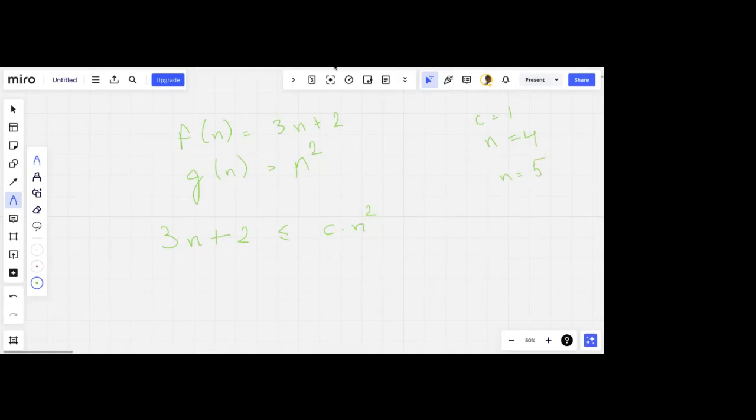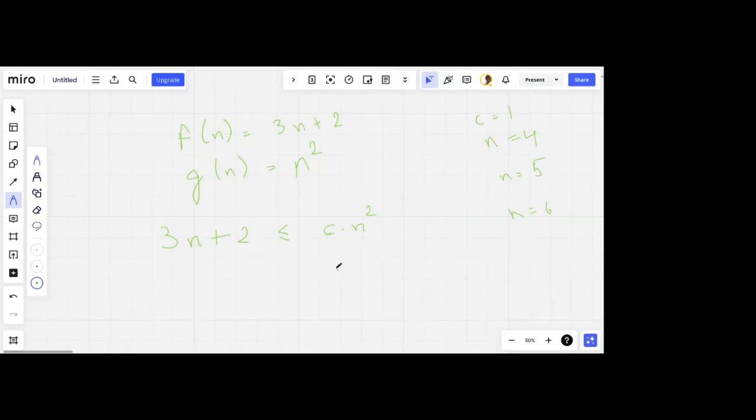Getting it? Yes or no? Come on, guys. Think about it. See, n equal to 4, this will be 16. This will be 14. So it is less. This will be 25. This will be 17. So this is less. N equal to 6, this will become 36. This will become 20. Again, this is less.